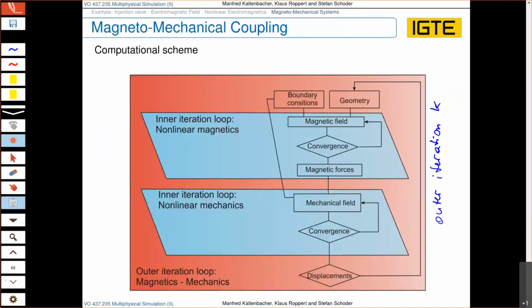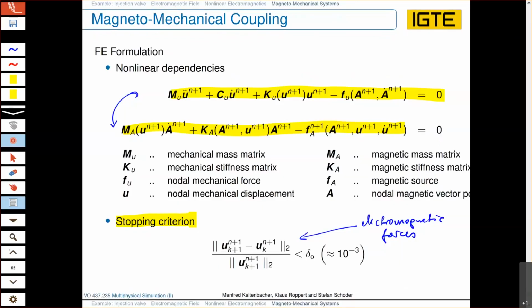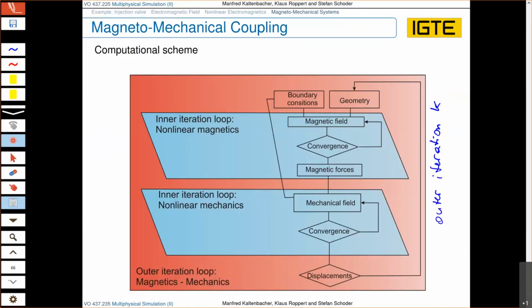Okay, so you see, for magnetomechanical systems, mainly you use this iterative coupling. Clearly, when you look at this coupled system, you could also derive a Newton iterative scheme and solve this in one go. But for most cases, you are more efficient when you solve it iteratively, as shown here.